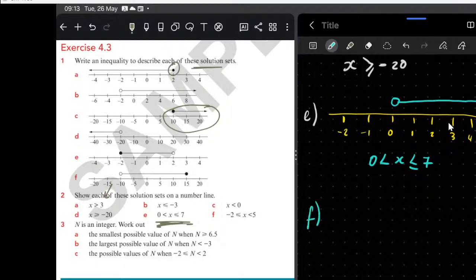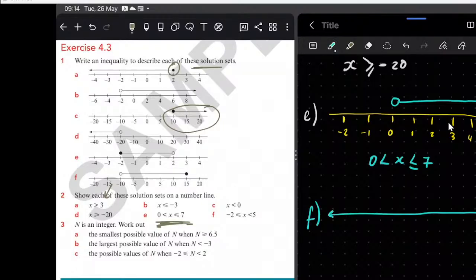Then we do f. For f, we'll do it like this. Then what are the two positions, Vic, that my circles are supposed to be at now? Well done.